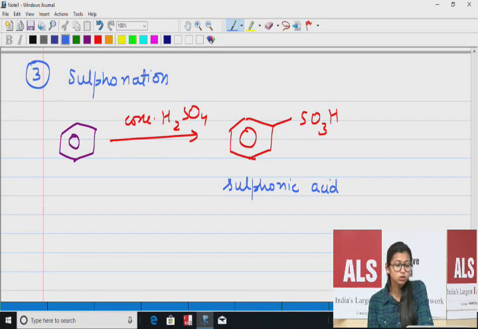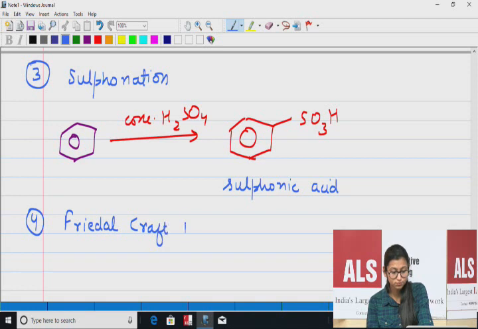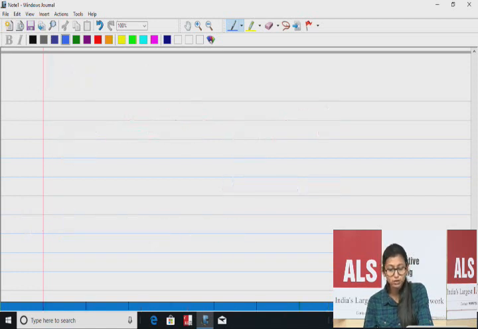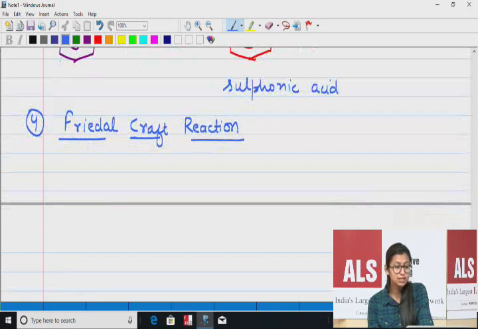Now coming to the number 4 reaction. This is again a very interesting and important reaction. This is known as Friedel-Crafts reactions. Now we have 2 types here. One is the Friedel-Crafts alkylation.